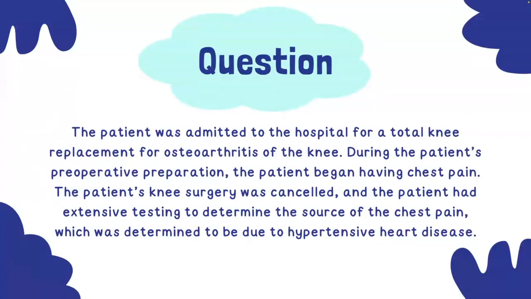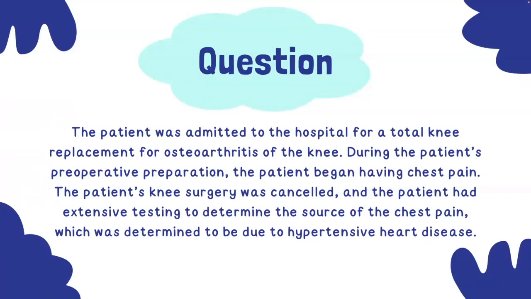The original treatment plan was not carried out, but you still code the reason they were there, which was the osteoarthritis of the knee. And don't allow a test to trick you. A total knee replacement is not a diagnosis. I've seen that type of question before where they ask for the diagnosis, but then they list total knee replacement as one of the options, and that's not a diagnosis. So it would be the osteoarthritis.